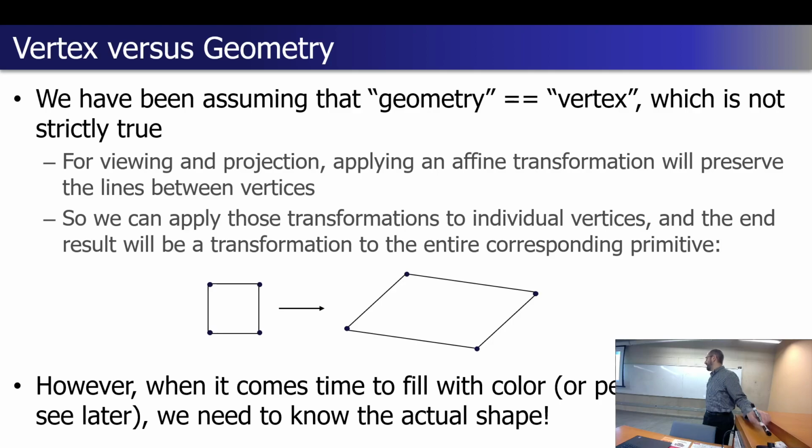It means that it just preserves the lines. If there's lines in the input geometry, the lines will still be preserved. If there's parallelism in the input geometry, that parallelism will be preserved. Things like lengths don't get preserved, angles don't get preserved. The terms affine and linear transformations are sometimes used interchangeably. All linear transformations are affine, not all affine transformations are linear.